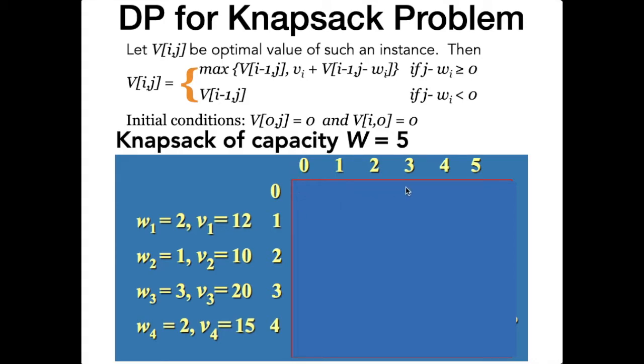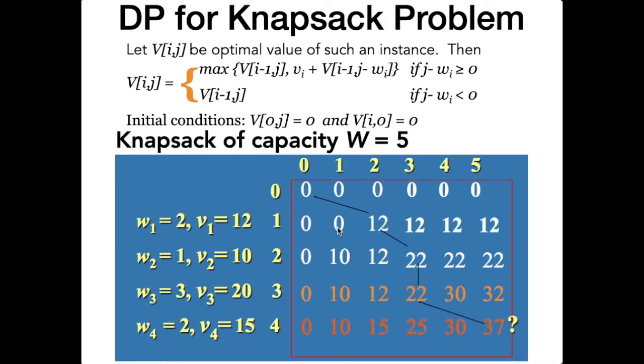So, we have 0 here, and for the second base case, if we have no capacity, even if we know all the items from 1 to, let's say, 4, the answer is still 0. So, in the next slide, we can see that the 0 column and the 0 row. And we can populate this matrix either row by row or column by column. Okay. So, in this example, let's try row by row.